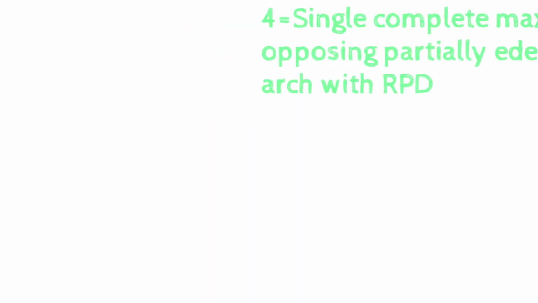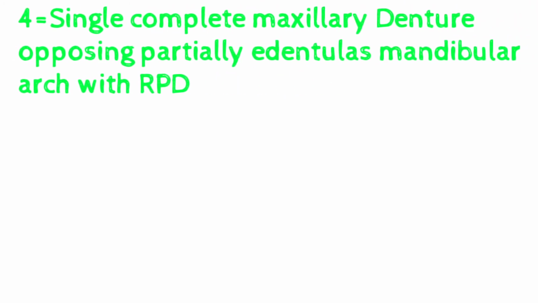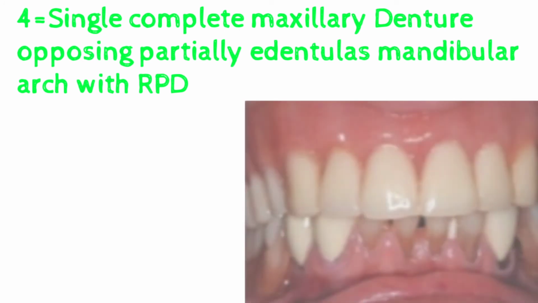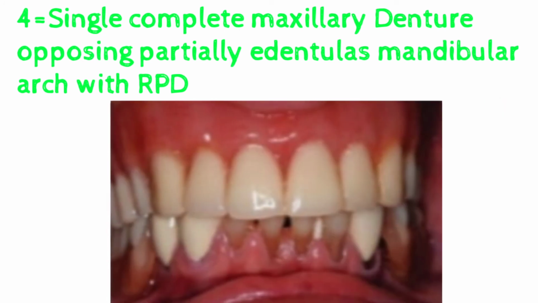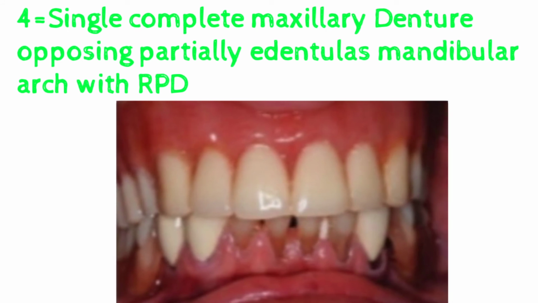Now come to the 4th type. In fourth type, there is a single complete maxillary denture opposing partially edentulous mandibular arch replaced with removable partial denture, not fixed. Look at this diagram. Again in maxilla there is a single complete denture, but in mandible there is a partially edentulous mandibular arch with removable partial denture. Look at the cusp and the white teeth in the mandible.